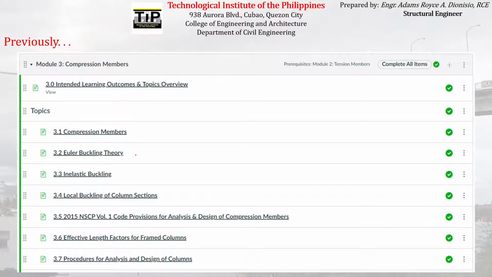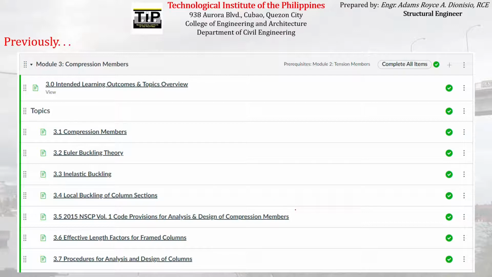We also discussed the basis of the different code provisions related to compression members, which is the Euler buckling theory, as well as the inelastic buckling. And then we also discussed the local buckling of column sections.